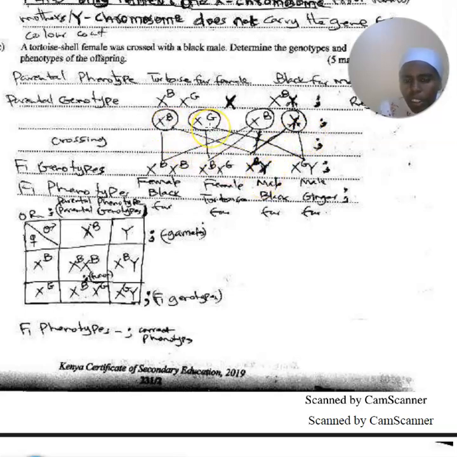Then for tortoise shell with ginger with black. So that is how you are going to get your offspring genotype. So you have a female who is black, another female who is tortoise shell, meaning she has the mixture of the two. And then the male with black fur, and then the female with ginger.